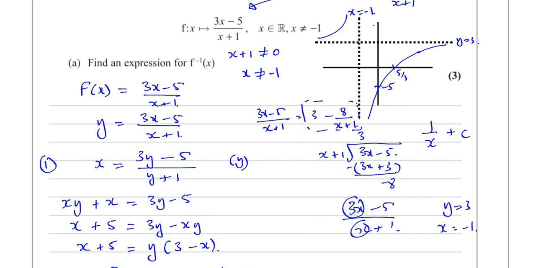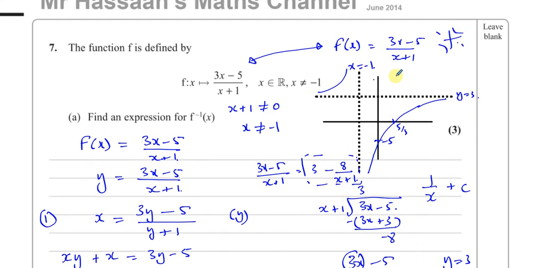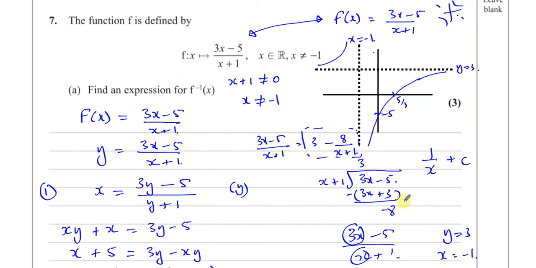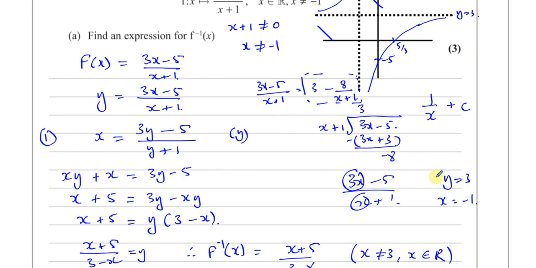So that's how you can find out without actually splitting it into this improper fraction. And to work out how it looks, in terms of does it go in this side and that side, or that side and that side, you put x equals 0 to find where it hits the y-axis, and y equals 0 to find where it hits the x-axis, and then you know for sure which sides it goes in, and then you've drawn your function.